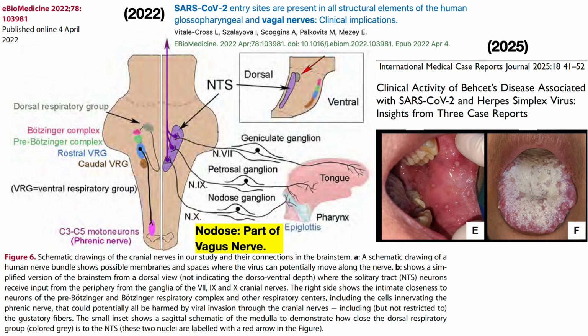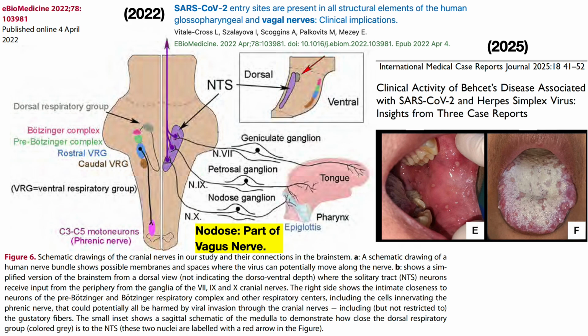For instance, the Bötzinger complex and the pre-Bötzinger complex. So viral infections, if they're transmitted into the brainstem, can have severe pathologic damage to the brainstem, or just neuroinflammation of the brainstem can alter the autonomic functions that are controlled by these regions. And this is one of the ways that dysautonomias can be established.